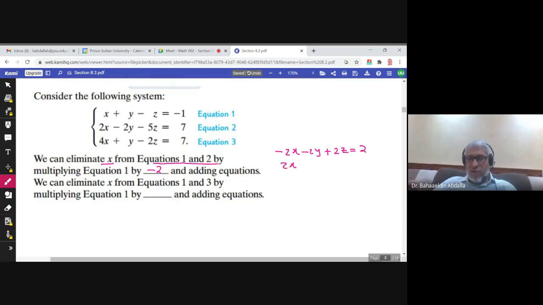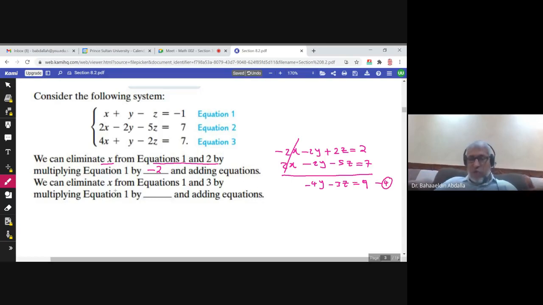And equation 2 is 2x minus 2y minus 5z equals 7. Now, if you add these two equations, x would be cancelled, and I will have -4y, 5 minus 5 plus 2 is -3, 7 plus 2 is 9. So I can call this equation 4.